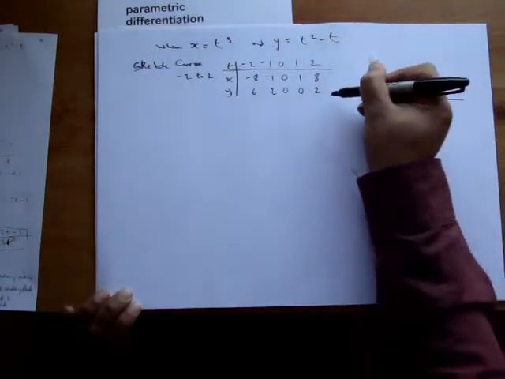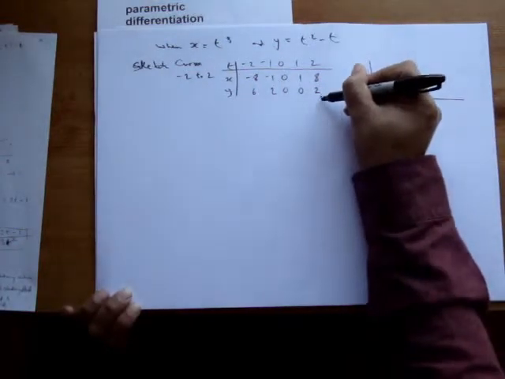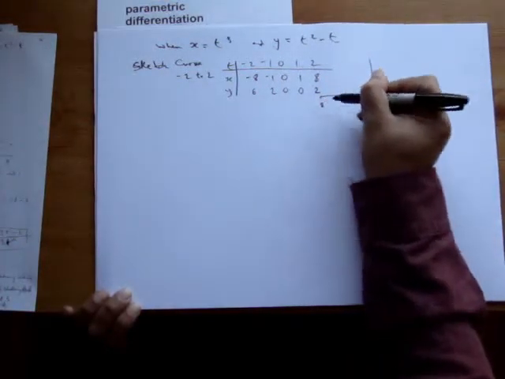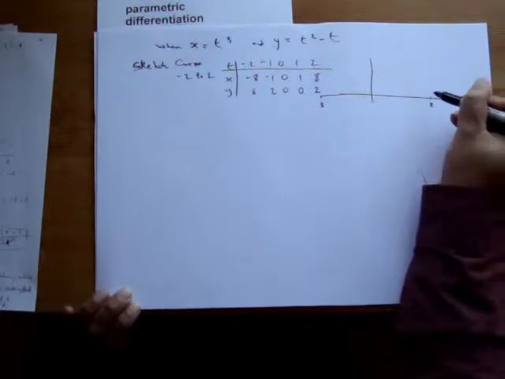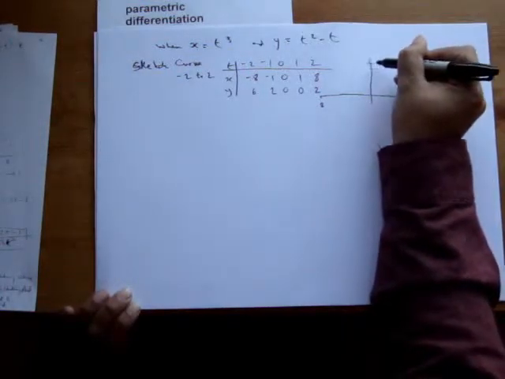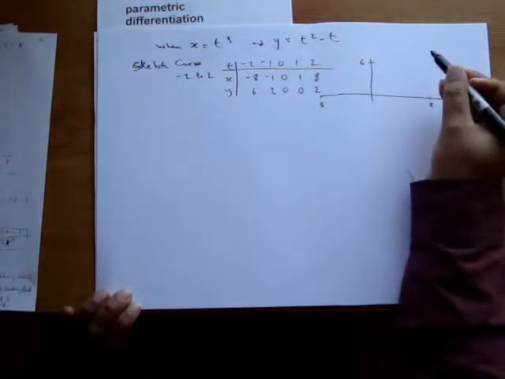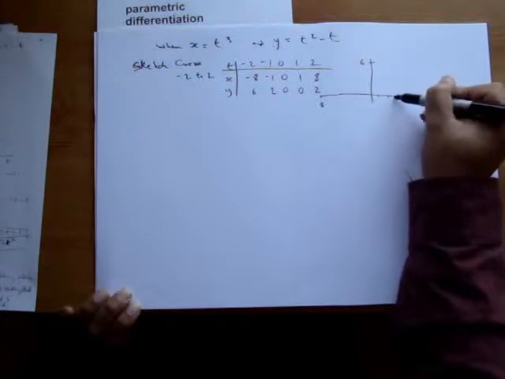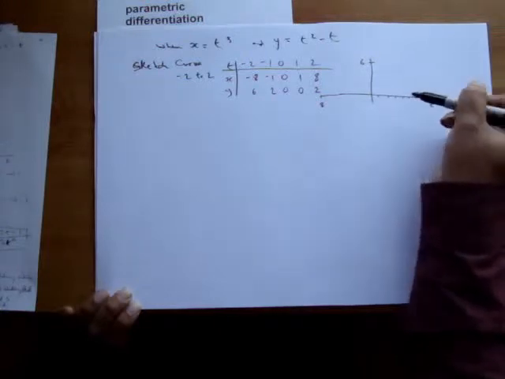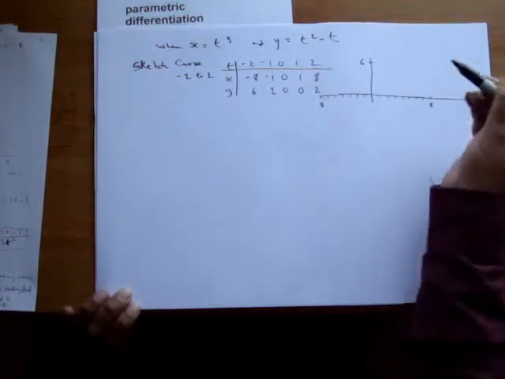Maximum value on this side would be 8. So 8 is there and 8 is here. Maximum value for y is 6, so we have 6 there. So roughly speaking, 1, 2, 3, 4, 5, 6, 7.